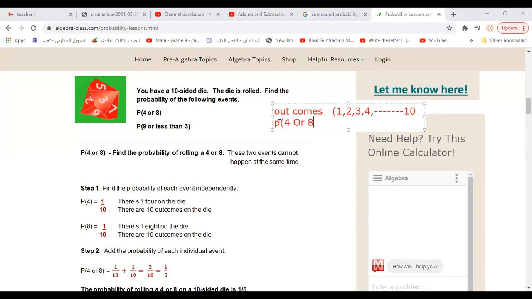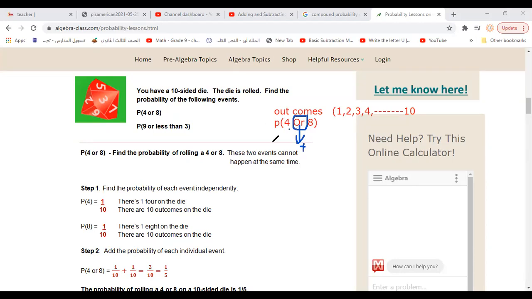Or 8. Now the word or means that we will add or we will subtract or what? This word or means that we are going to add.